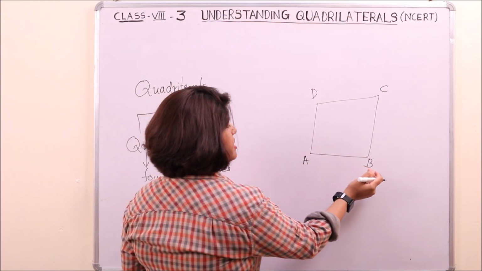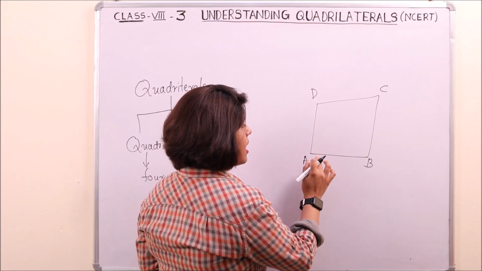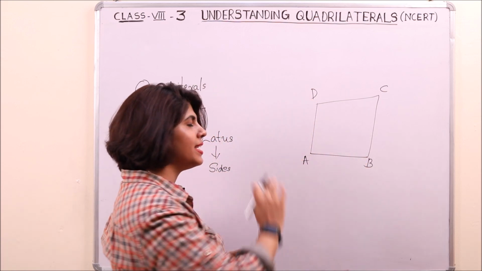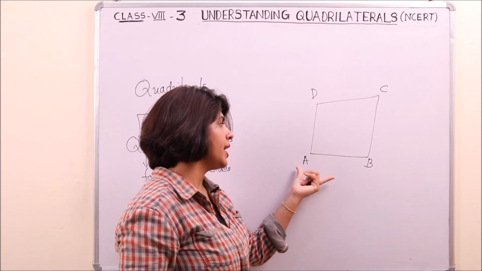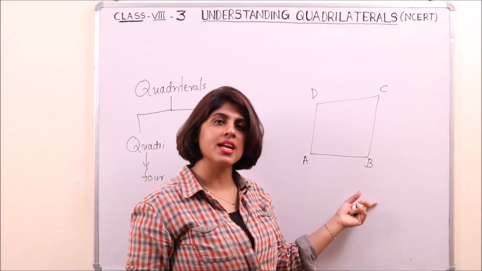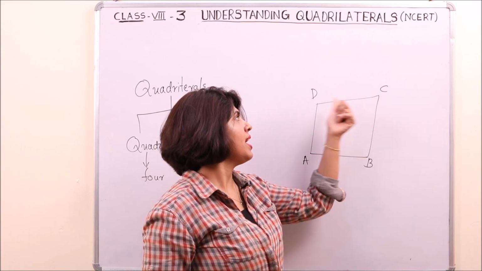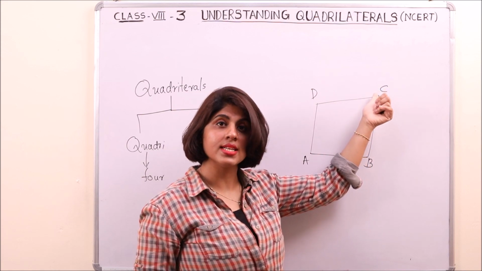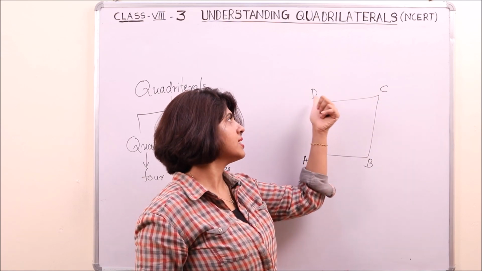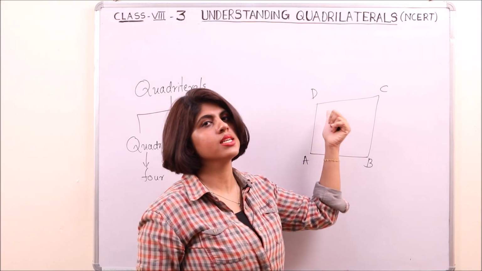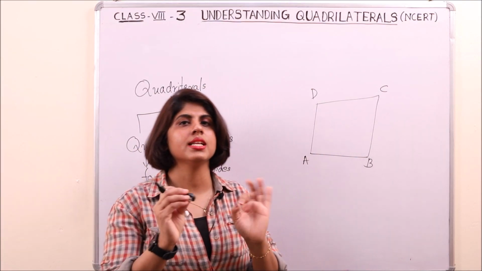So here AB and AD are the adjacent sides, because the sides AB and AD meet at the vertex A. AB and CB are adjacent sides, meeting at the vertex B. CB and DC are adjacent sides, meeting at the vertex C. CD and AD are adjacent sides, meeting at the vertex D. So adjacent sides are the sides which meet at the same vertex.